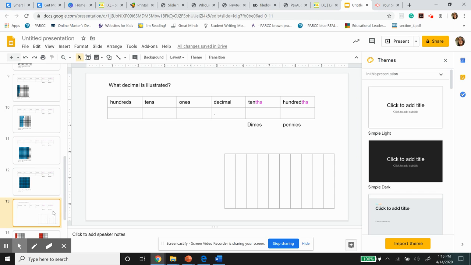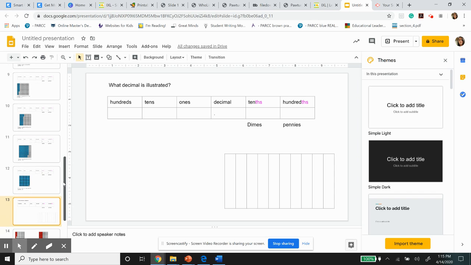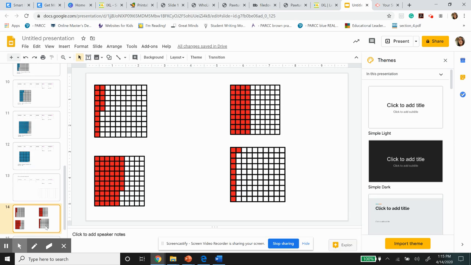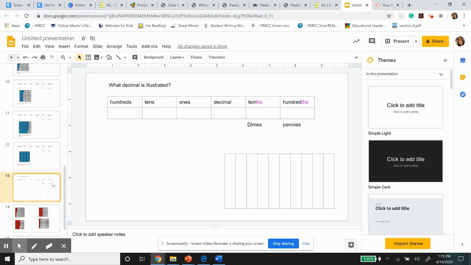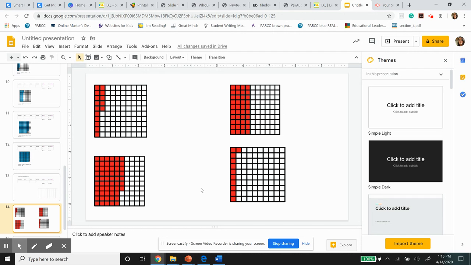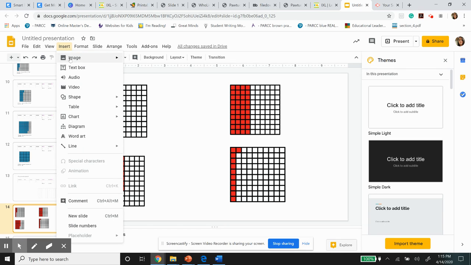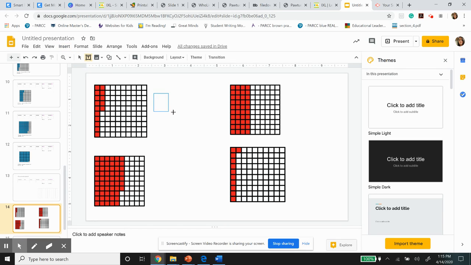All right, so let's go down, and we want to know what decimal is illustrated here, right? So if we look at these, we know that they're all hundredths, right? So here's my 10, 1, 2, 3, 4, 5. So I have 15 hundredths, right?